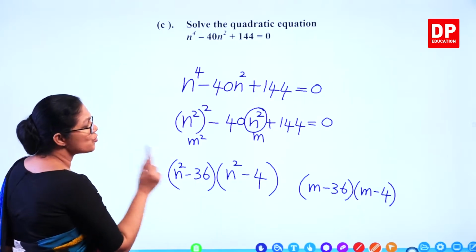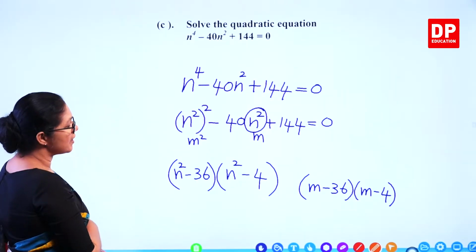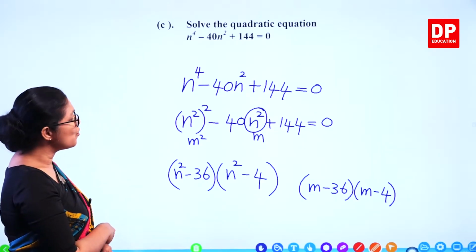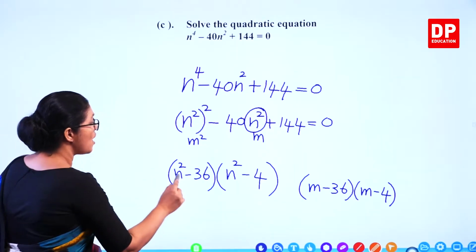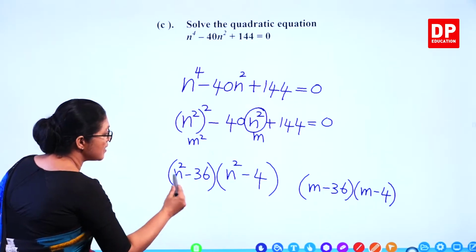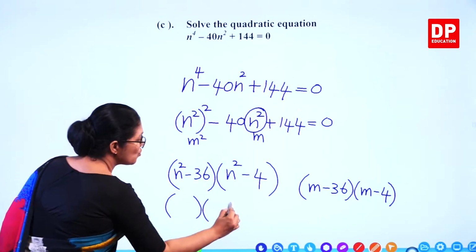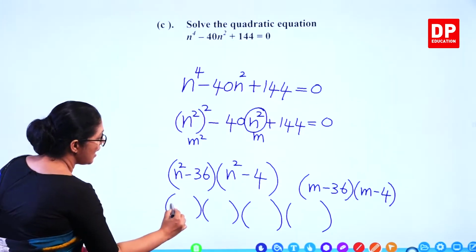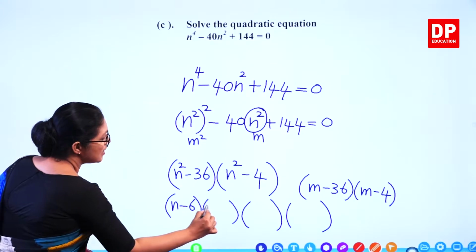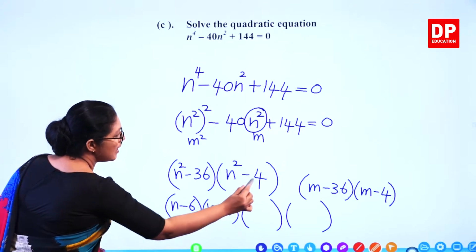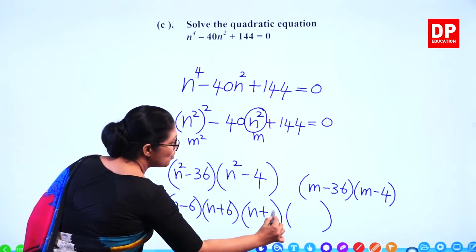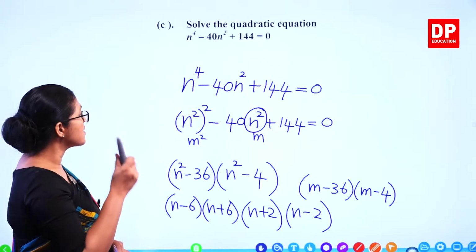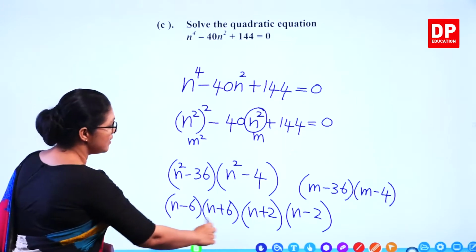Using the difference between two squared terms. 36 means 6 squared, 4 means 2 squared. So you have to write down the factors again. The factors are n minus 6, n plus 6, and n plus 2, n minus 2.